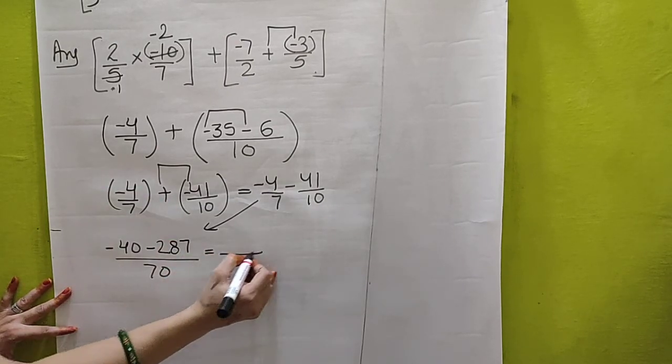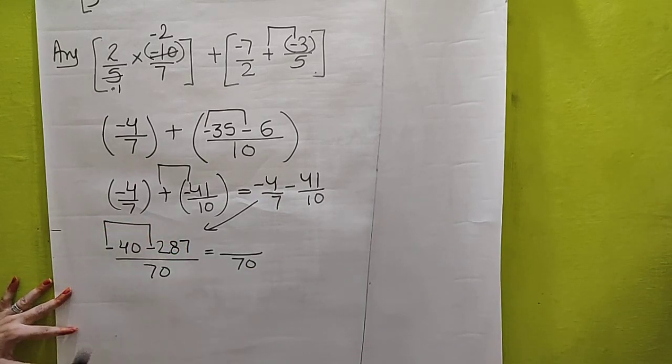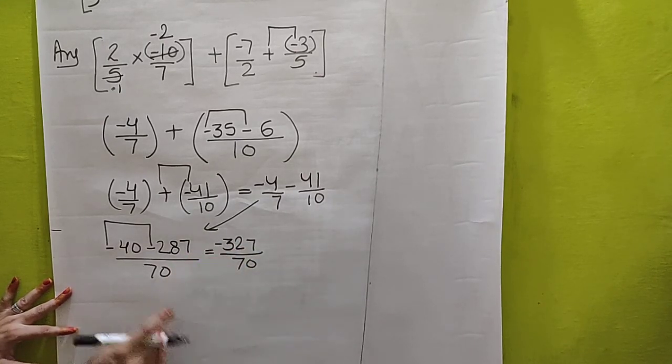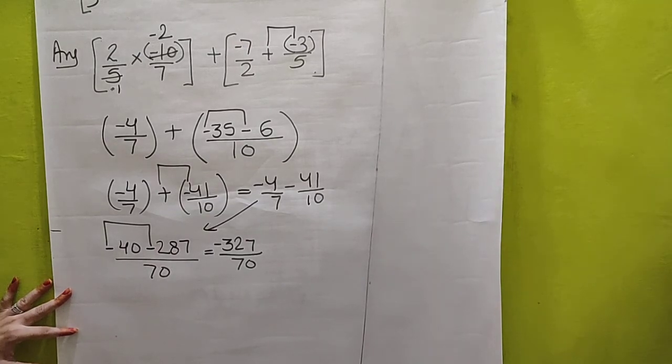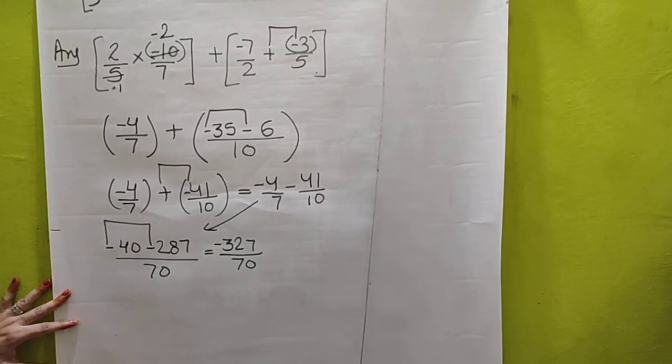Now this 70 will be as it is. Now minus and minus will be plus. 287 plus 40 will be 327 with the minus sign, because 287 is the greater number and has the minus sign. So student, this will be your final answer: minus 327 upon 70.